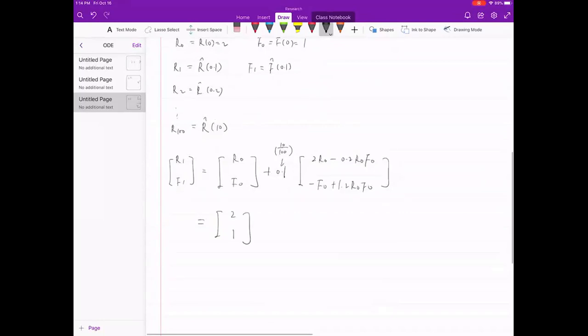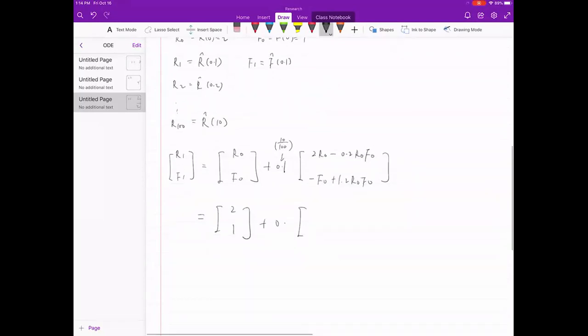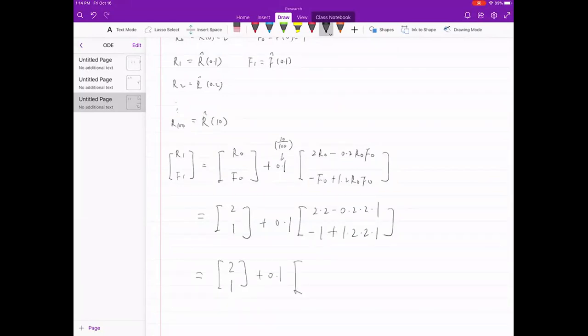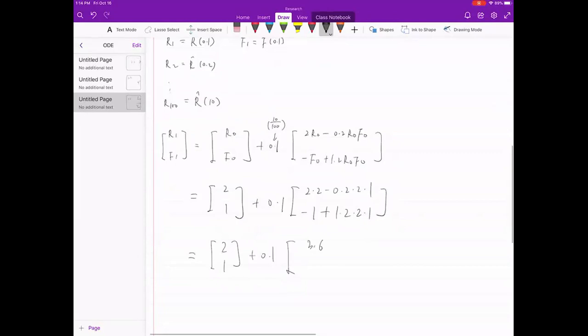And you do know all the values of R0 and F0. So 2, 1 plus 0.1, 2 times 2, 4. Four minus 0.4 is 3.6. Minus 1 plus 1 times 2, that's 2.